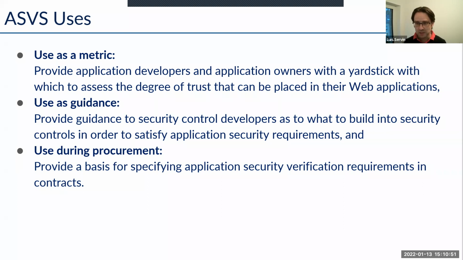As a security architect, I like to use it as a source of inspiration for looking for weak or missing controls so that I can do my threat models on top. And of course, during procurement, you can give it to a vendor and say, what do you do out of all these things? Which is, I think, what Ben was telling that they're doing in the entertainment industry.